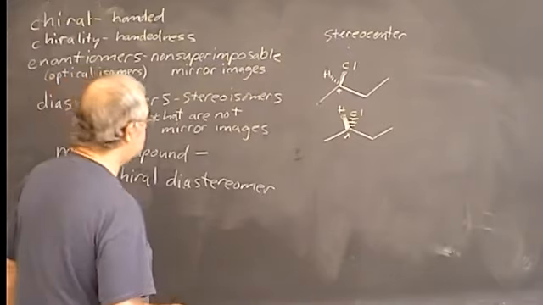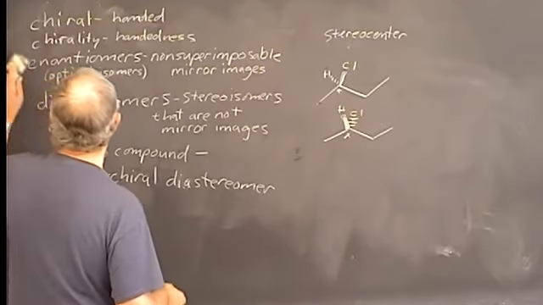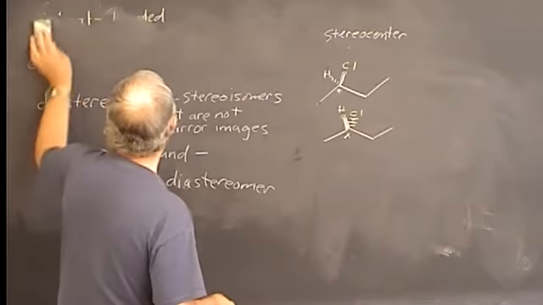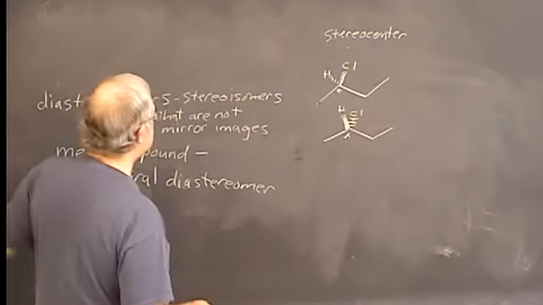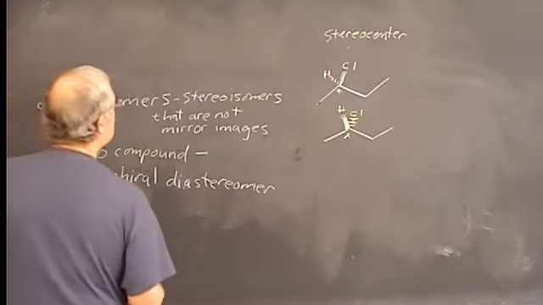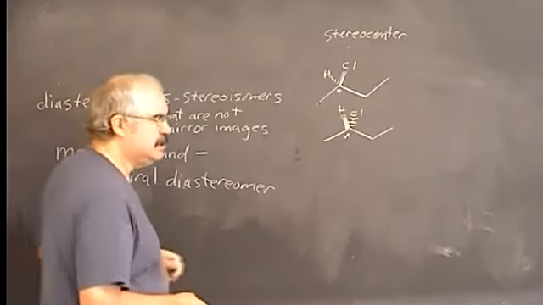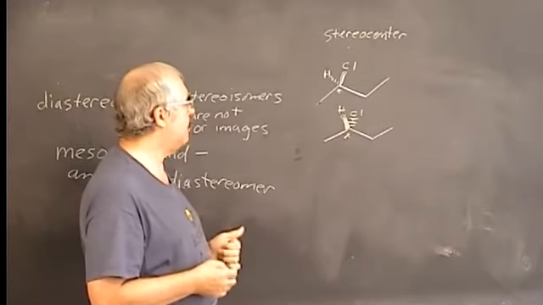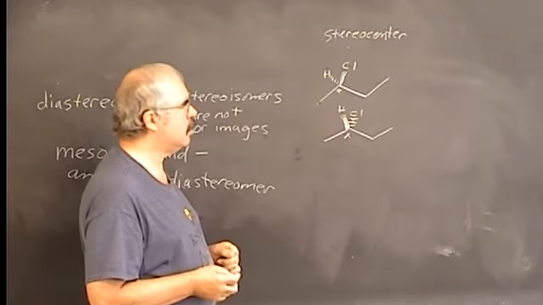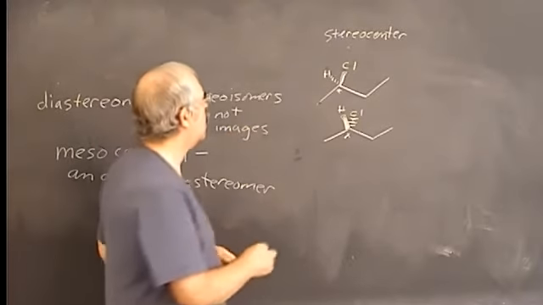Right, so how do we distinguish one from the other? We use something called the RS system. Okay, just like with the E/Z system, we establish priorities for the groups that are attached to that stereo center, also called the chiral center.